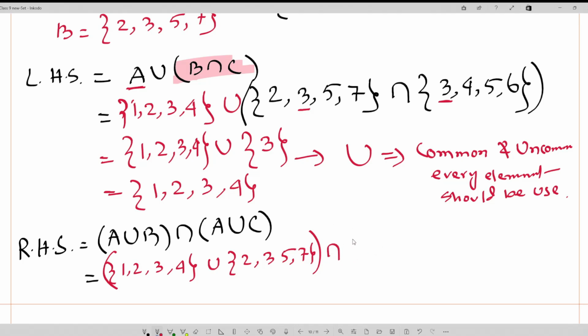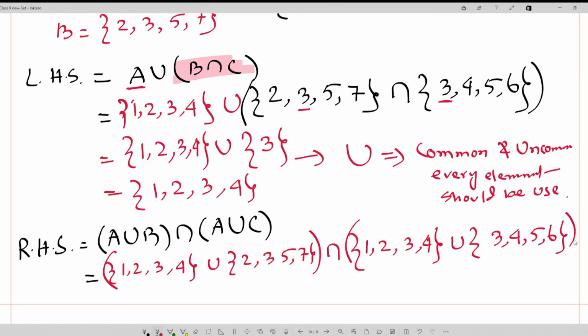Intersection, A union C. A means 1, 2, 3, 4, right? And union C. C means what? 3, 4, 5, 6. Also this one inside first bracket. So here is union.